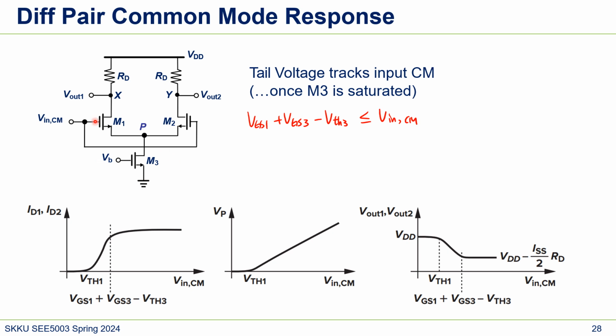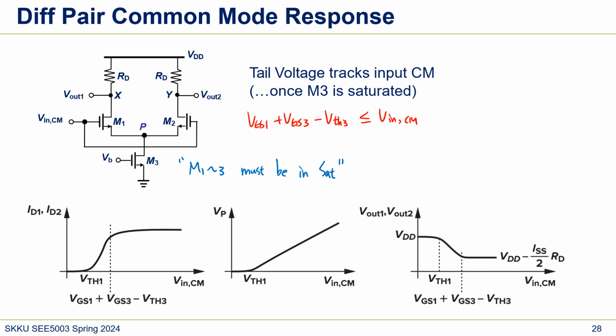If we increase V in CM too much, M1 and M2 will be in the linear region. But our assumption is that to operate this circuit, M1, M2 and M3 must be in saturation.